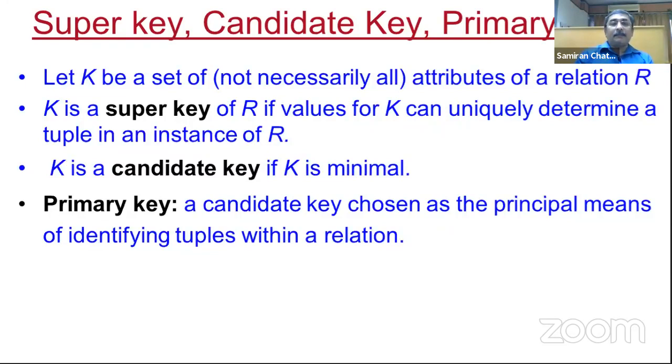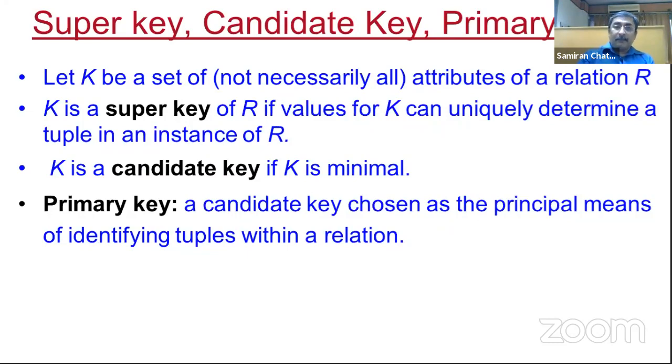So can I minimize the cardinality of that particular K, which is a set? If I can do that, then I can ultimately make K a minimal set. If K is a minimal set, then K is a candidate key. You may have many candidate keys. You can choose one of them as a primary key. There is no particular rule in that, but maybe the problem domain will tell you which rule you should use and which rule you can use.